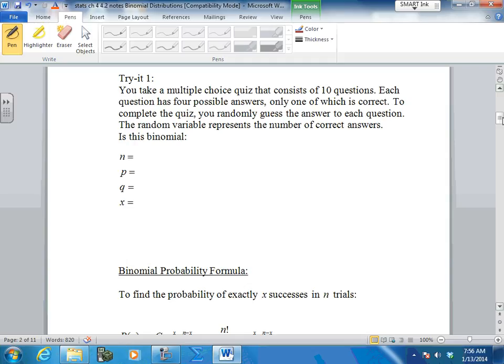All I want to know is, is this a binomial or not? And if it is, lay out the pieces. It's in your book on the bottom of 185.